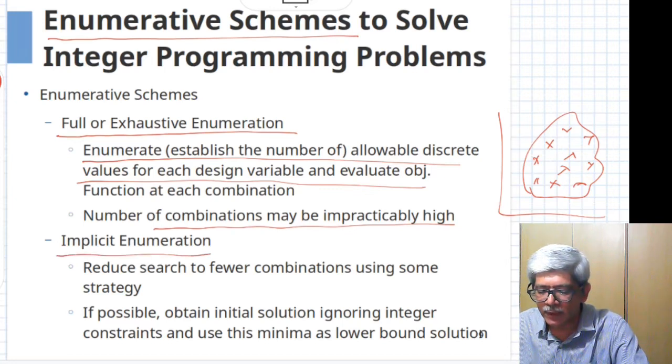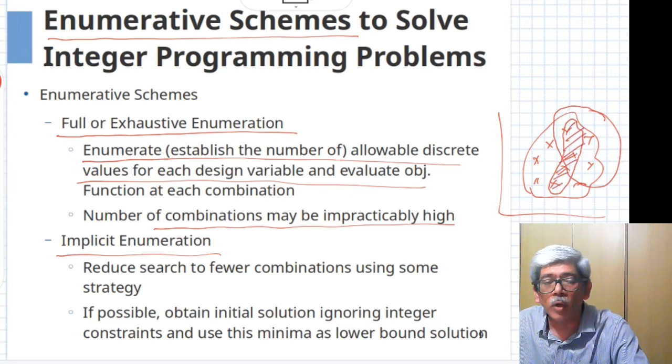The second is the one which is commonly used, known as implicit enumeration. In implicit enumeration, whatever variable range is there, you find out from this range some variables which are probable candidates.